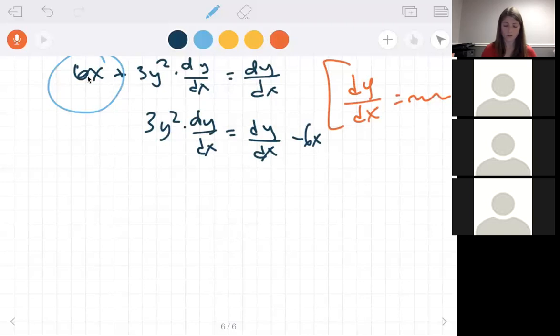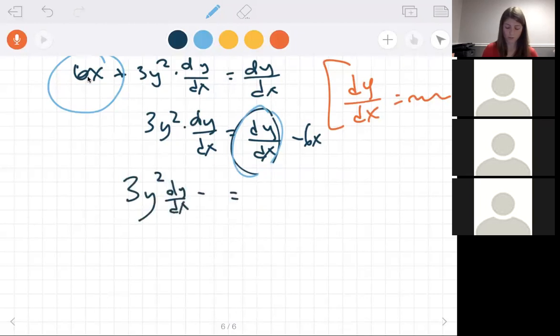And then we're going to now subtract our dy dx on the other side as well. We don't need to get this. And when we think about subtracting that, you're going to leave your first term alone, and you're just subtracting that guy out. So in other words, move it to the other side, just as if it were a z or a t.